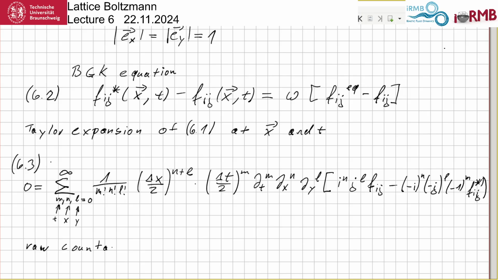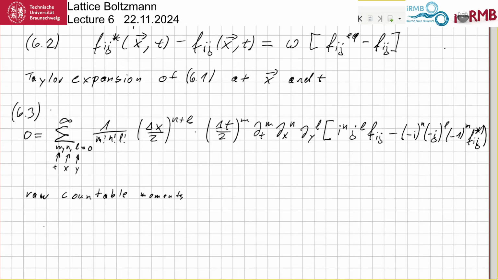And here we remind ourselves about our countable moments. M_AB is the sum over i and j, in this case from -1 to 1, of f_ij, i to the power of a and j to the power of b.